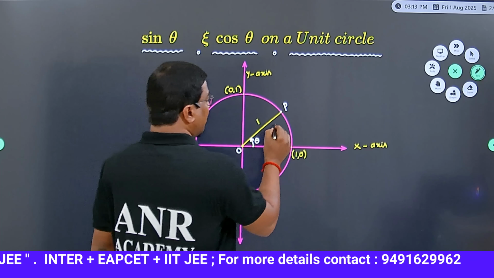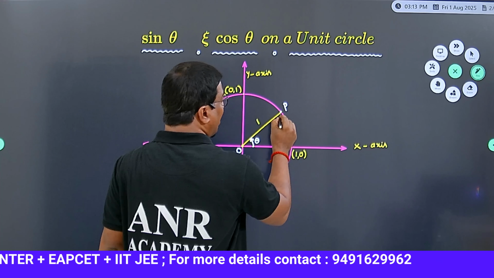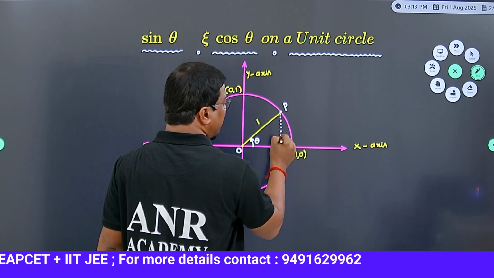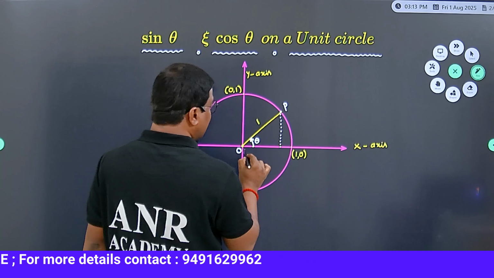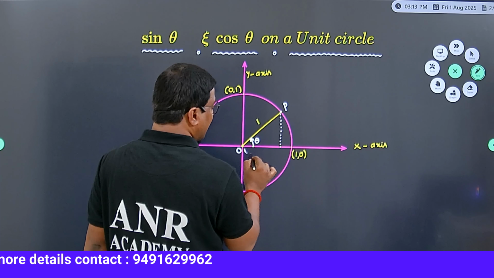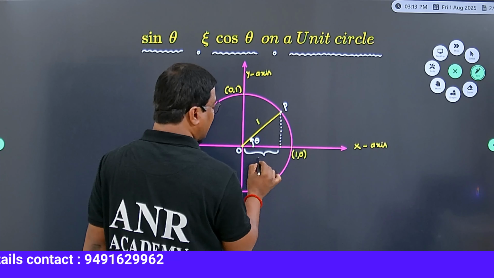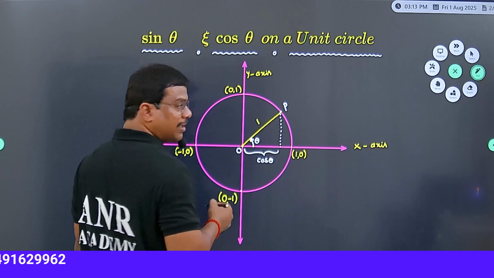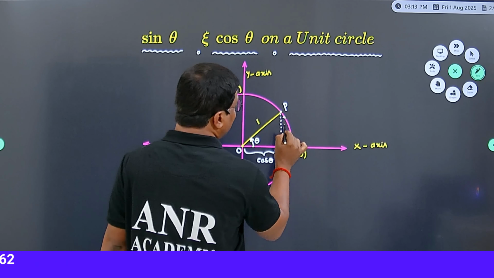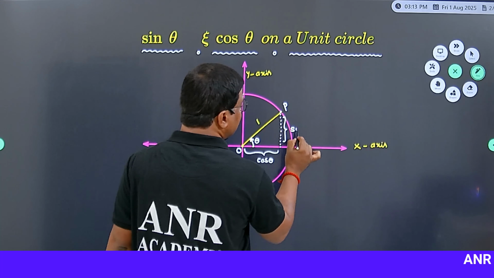And now, if you drop a perpendicular from point P to the x-axis, then this horizontal component is cos theta, and the vertical component is sin theta.